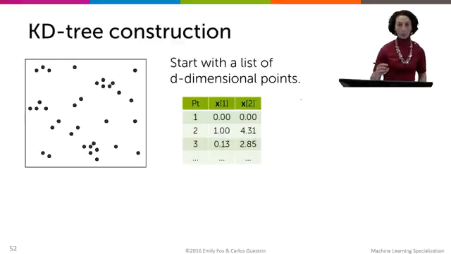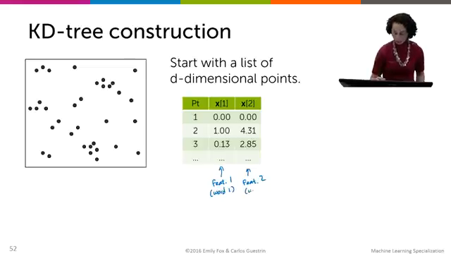So what we're going to do is take our data table. We have, in this example, just two different features: feature 1, and feature 2. So maybe this is just the first word in our vocabulary, and this is the second word.